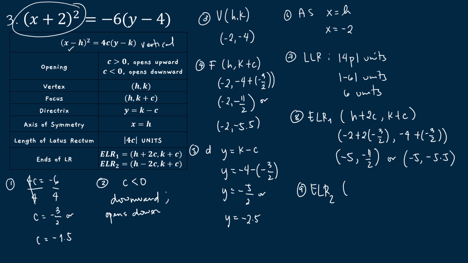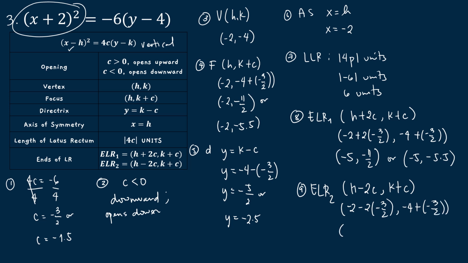For the second end of the latus rectum, change the sign. So, instead of h plus, it will become h minus 2c, tapos k plus c. So, negative 2 minus 2 times negative 3 halves, comma negative 4 plus negative 3 halves. So, finally, writing our final answer.